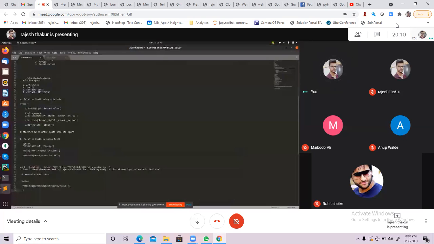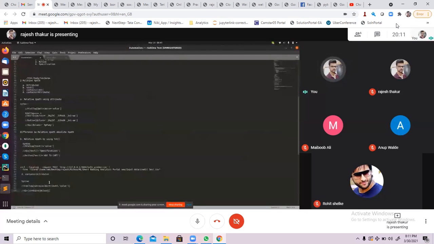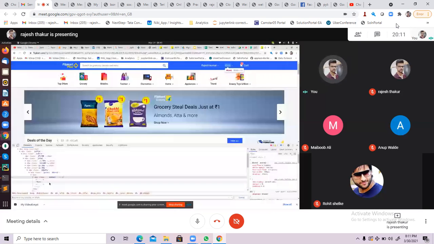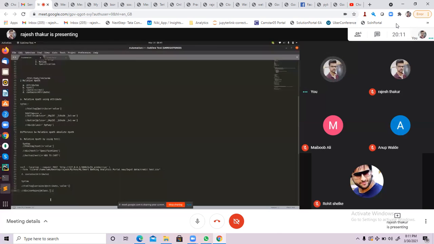Then square braces, then the contains function with parentheses, @ attribute. What is the attribute here? Class is the attribute. Then comma, and then the value. You can take any part of the value, like this part.